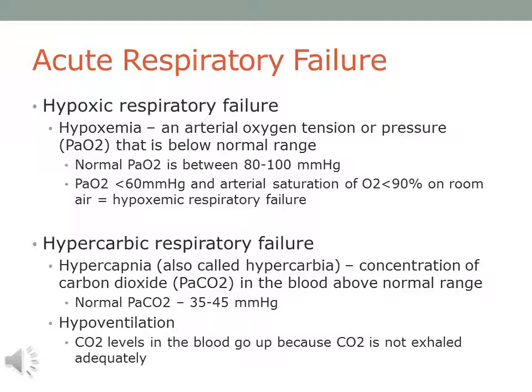It could be obesity or sleep apnea. It could be COPD. We could have an abnormal chest wall, maybe some kind of trauma or something that's not adequately allowing us to breathe like we normally would. We could have a neuromuscular disease, anything that can cause us to not effectively breathe in and breathe out. Because not only do we have to get the oxygen in, we've got to blow out the CO2.